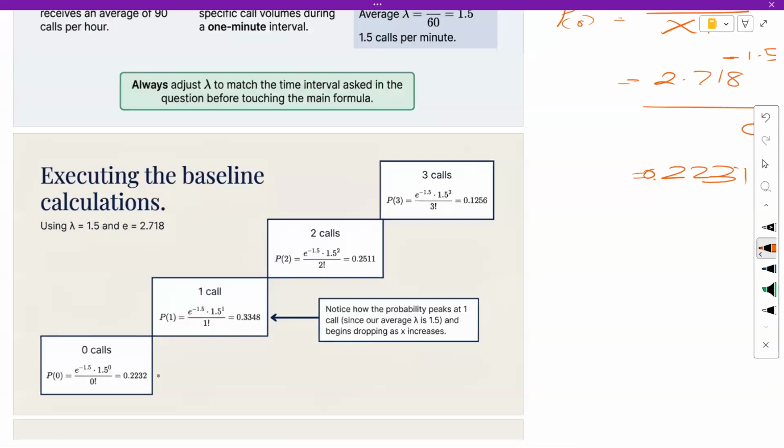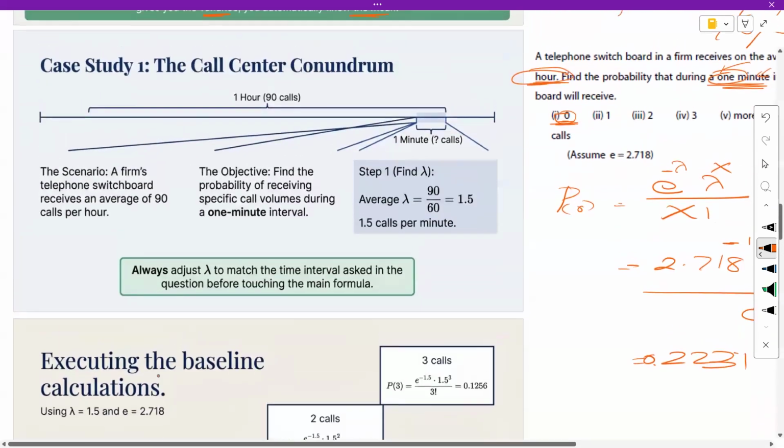We executed the baseline formula here. In 1 hour it gets 90 calls, and we need only 1 minute. The scenario: a firm's telephone switchboard receives on average 90 calls per hour.